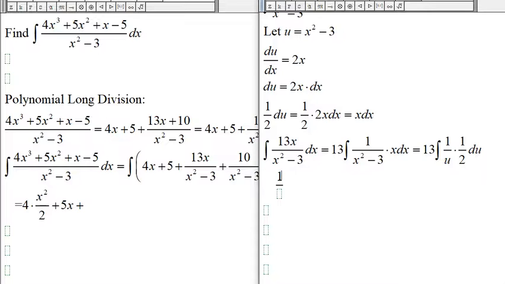So we get 13 halves, since 13 times a half is 13 halves, and then 1 over u, and then du.